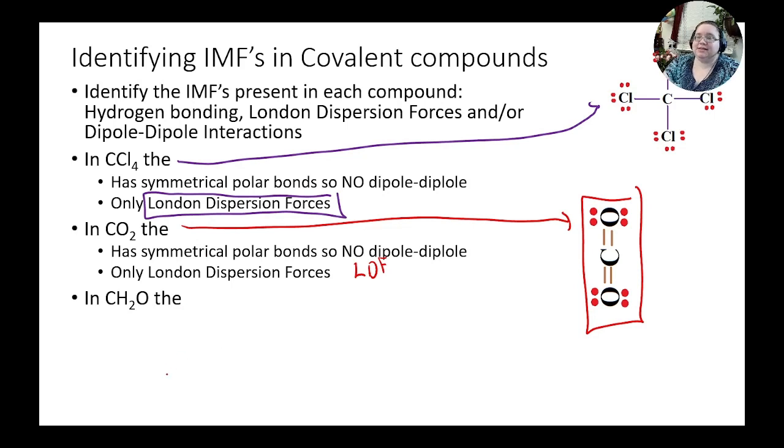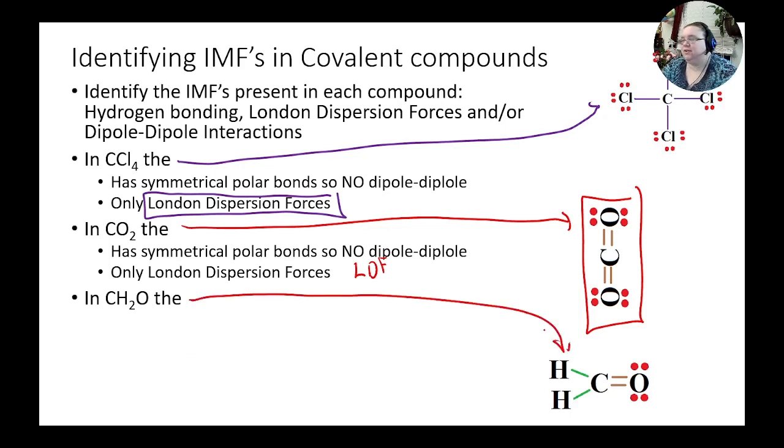All right, my last example doing with y'all is CH2O. That is this thing down here at the bottom. So what do we have going on? Well, it's not symmetrical. And we have definitely a polar bond. That carbon-oxygen is quite polar. Oxygen is going to be slightly negative. Carbon's going to be slightly positive.